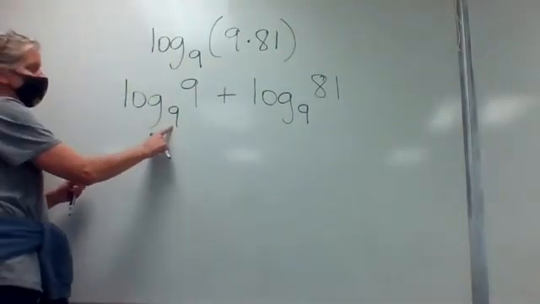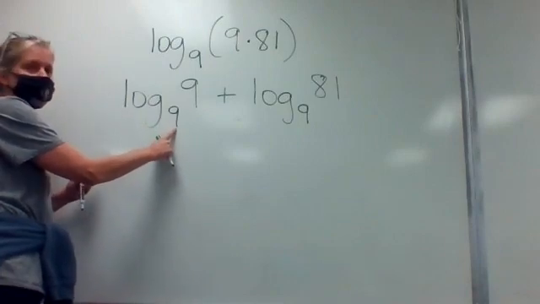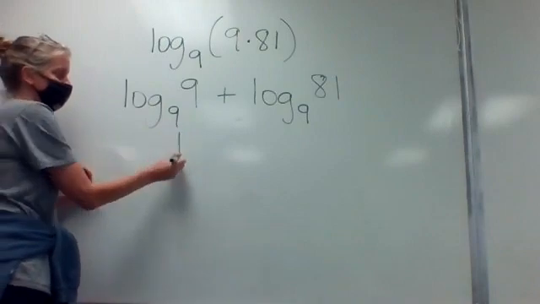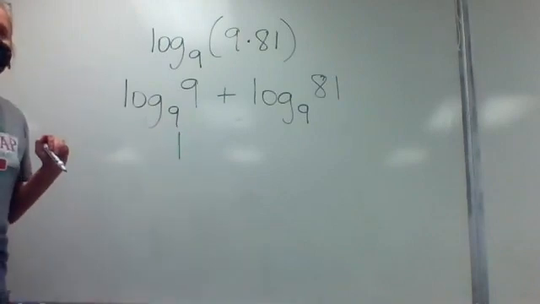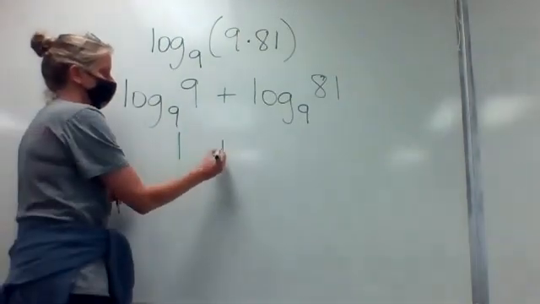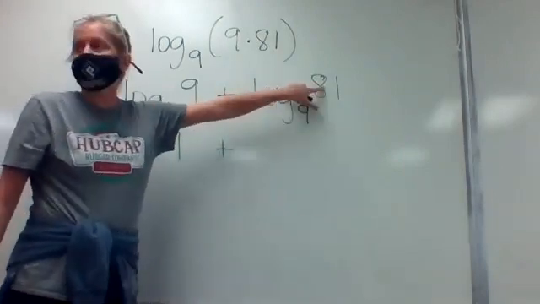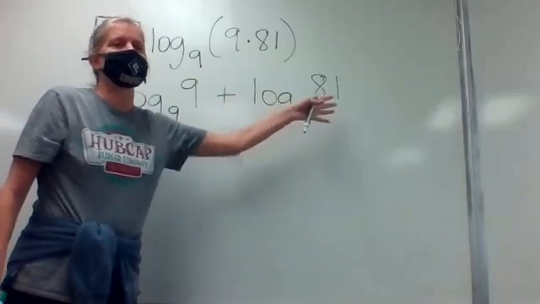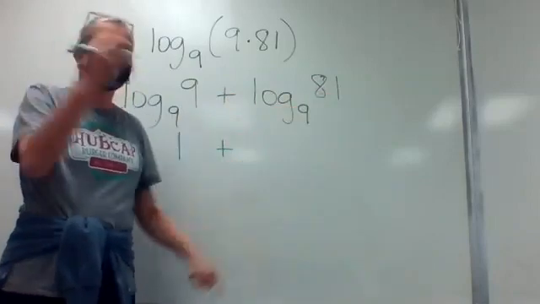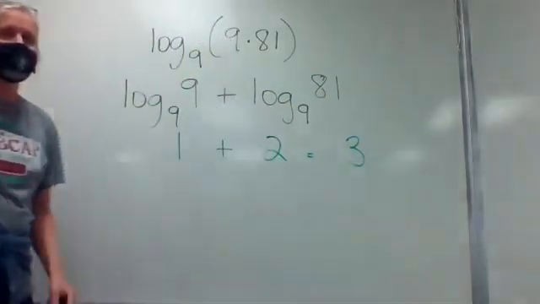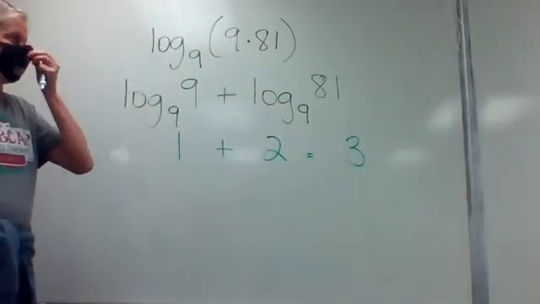What would you have to raise this 9 to in order to get 9? 9 to the first power. So that log would be 1. Plus, what do you have to raise 9 to in order to get 81? Or in other words, what's this equal to? 9 squared, so 2. And 1 plus 2 does equal 3.